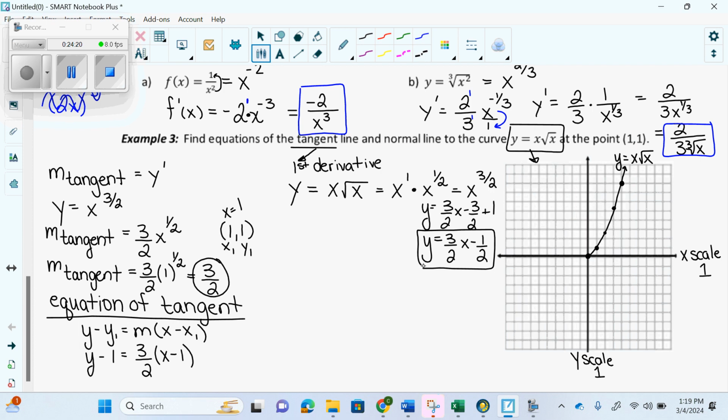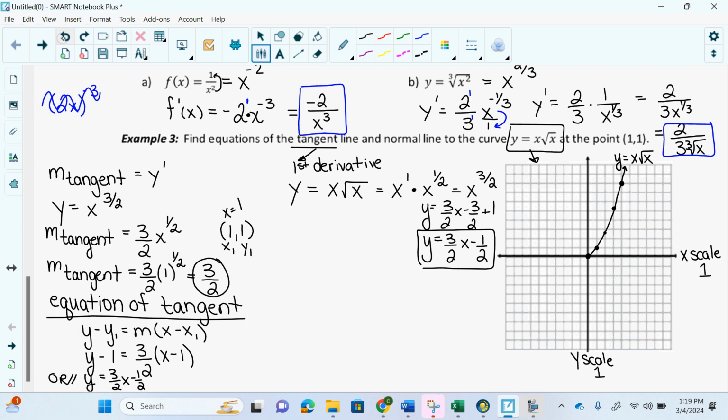So this is point slope form, or slope y-intercept form, which is y equals 3 halves x minus a half. Both of those forms are good depending on which form you're asked for. I'm just going to leave it like this.